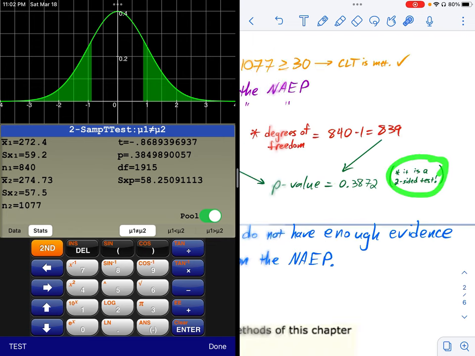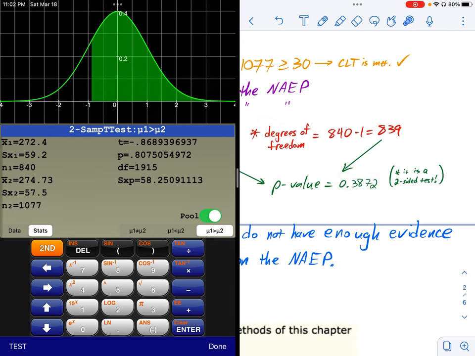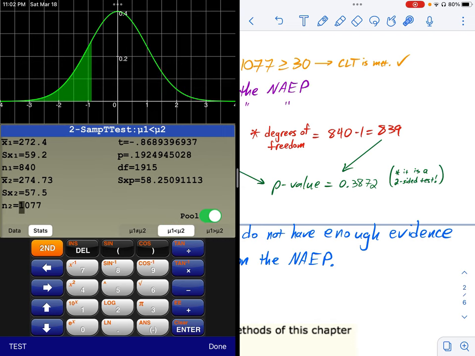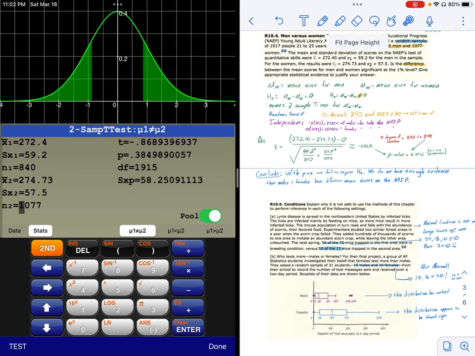A common mistake kids are going to make is they're going to click here and do the one-sided test, and then they would cut this in half. Even if you do the greater than test, you can see the picture up there. You can see how you can actually get 3 different values. Doing the greater than side, it's like 0.80, and here's 0.19, and then here's the correct answer, 0.38, which does impact your conclusion, right?